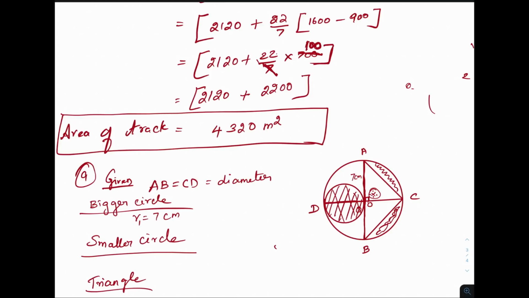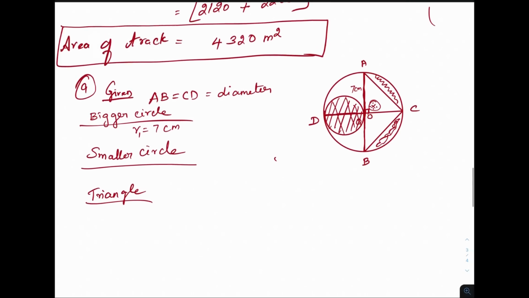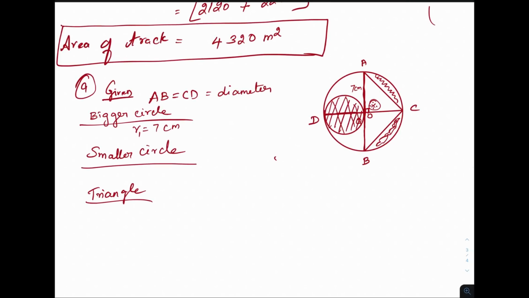Here I'll take R1. Obviously AB and CD are equal, I said, so they bisect each other at 90 degrees. So OD is equal to the diameter of the smaller circle.